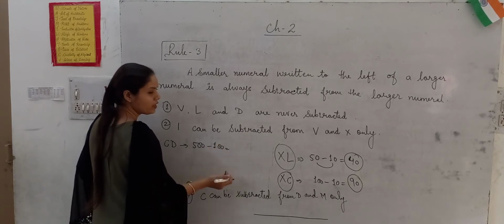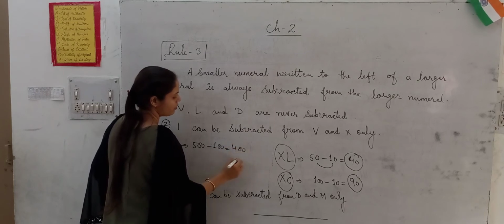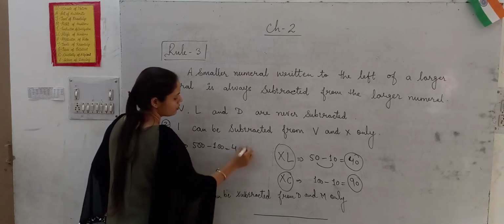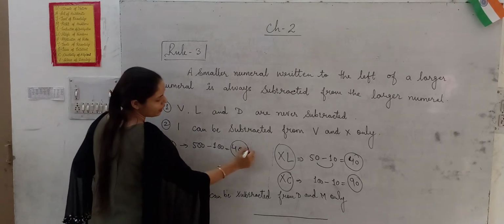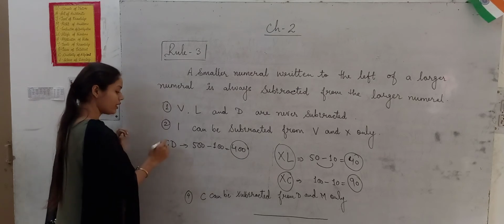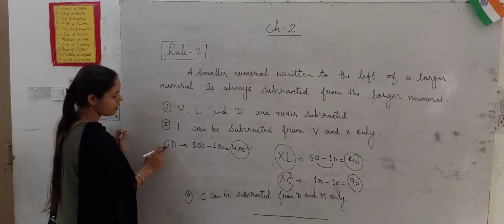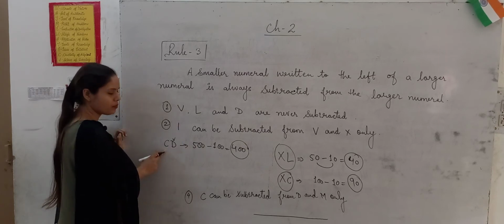So 500 minus 100 makes 400. If you want to write 400 in normal Hindu Arabic numerals, it is 400, and in Romans we will represent it with C and D. D is a larger numeral and C is a smaller numeral.